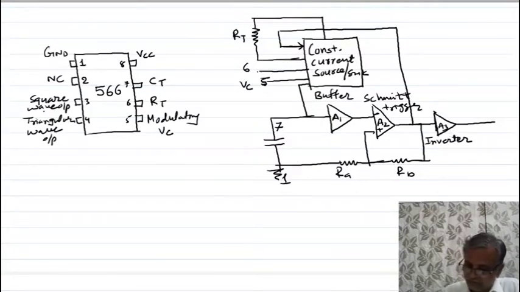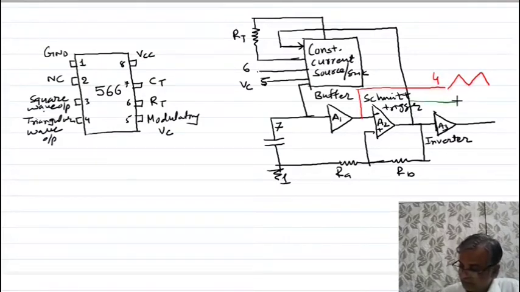Now already you know that the output of the buffer will be like this. This is your triangle waveform. It's pin number 4 here, and the output of the Schmitt trigger I am showing you is a square wave, so it is pin number 3.